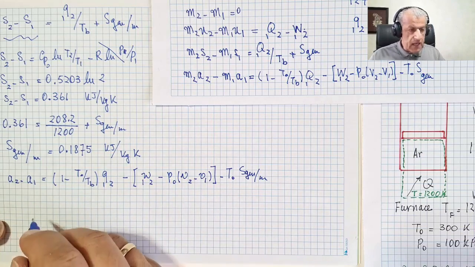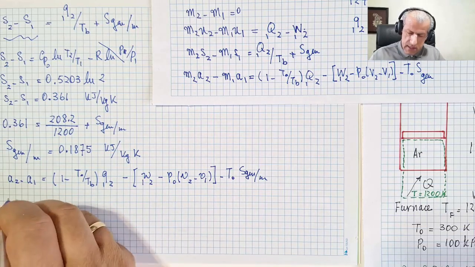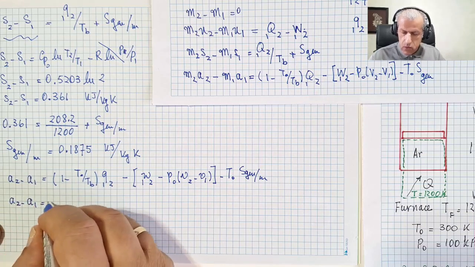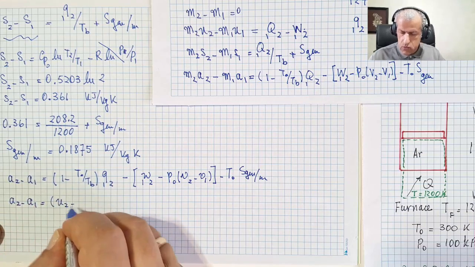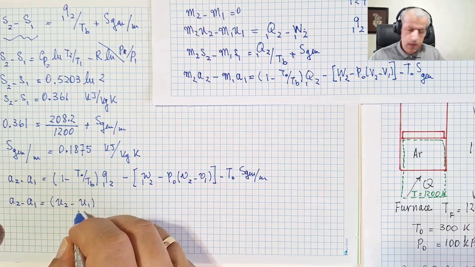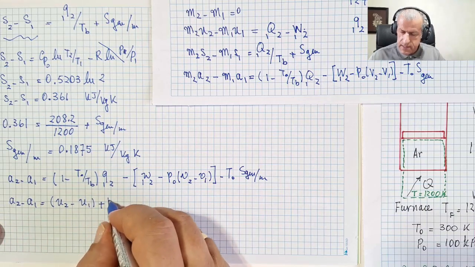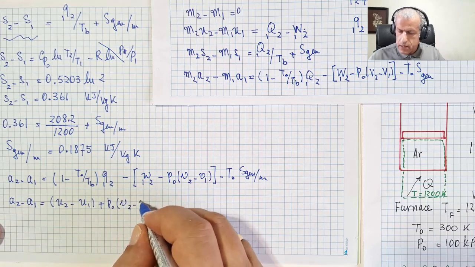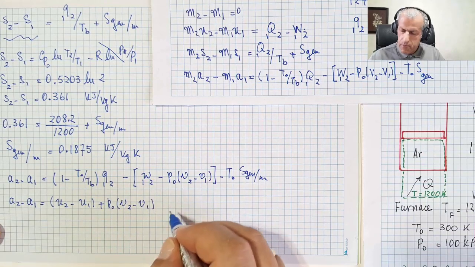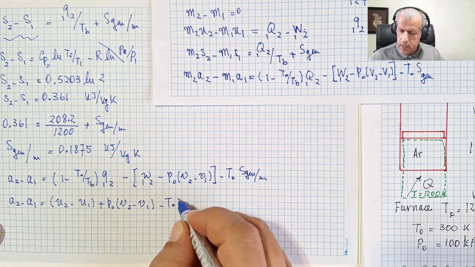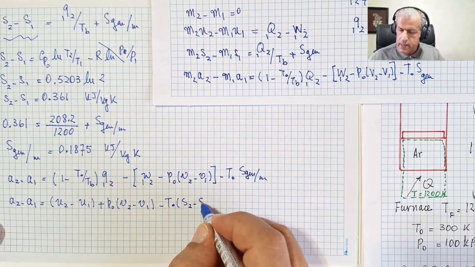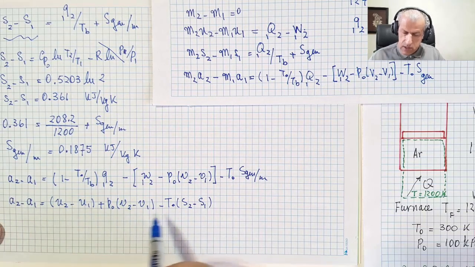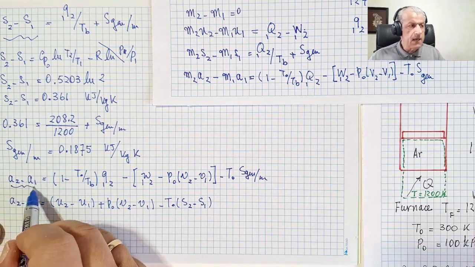As far as A2 minus A1 is concerned, A2 minus A1 equals U2 minus U1 plus P0 times V2 minus V1 minus T0 times S2 minus S1. This equation just calculates this term.